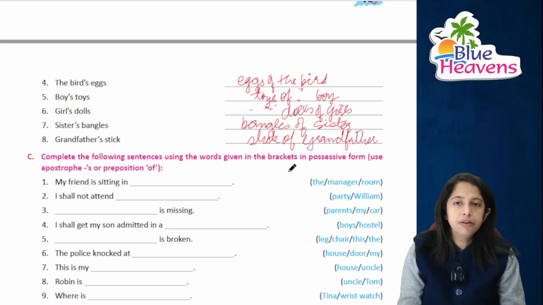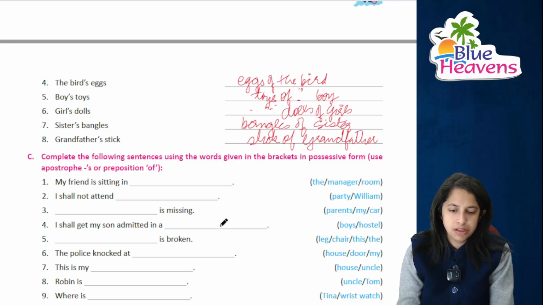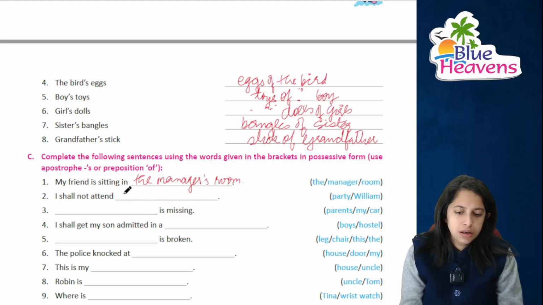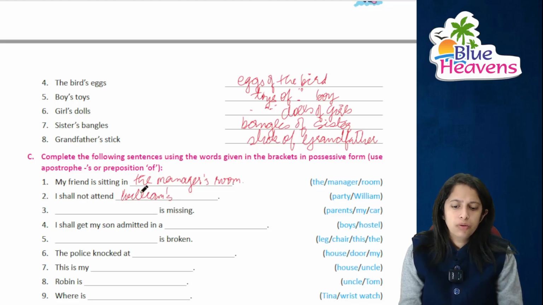Now you have to complete the following sentences using the words given in the brackets, and of course in the possessive forms. My friend is sitting in the manager's room. I shall not attend William's party. देखिए William वो है, it's a proper noun, that's why W is capital. Okay.